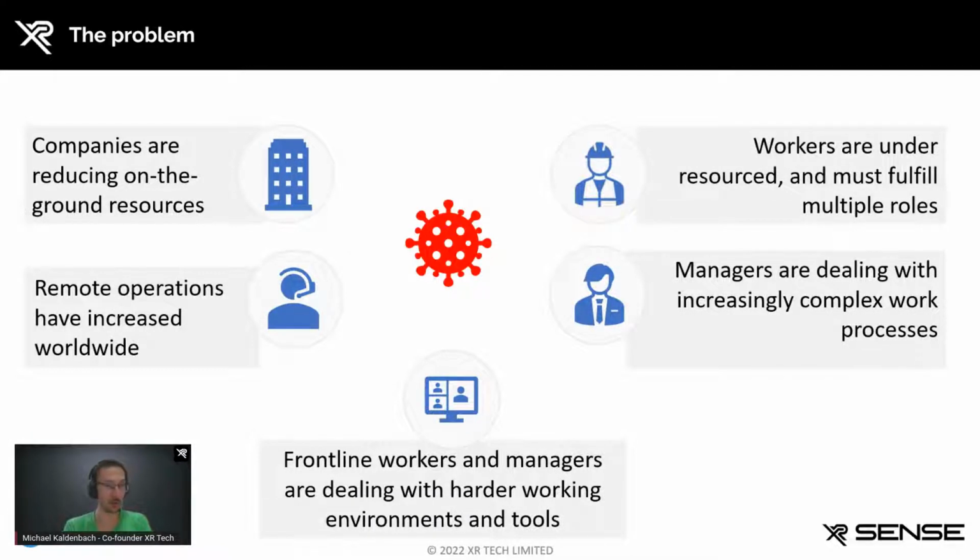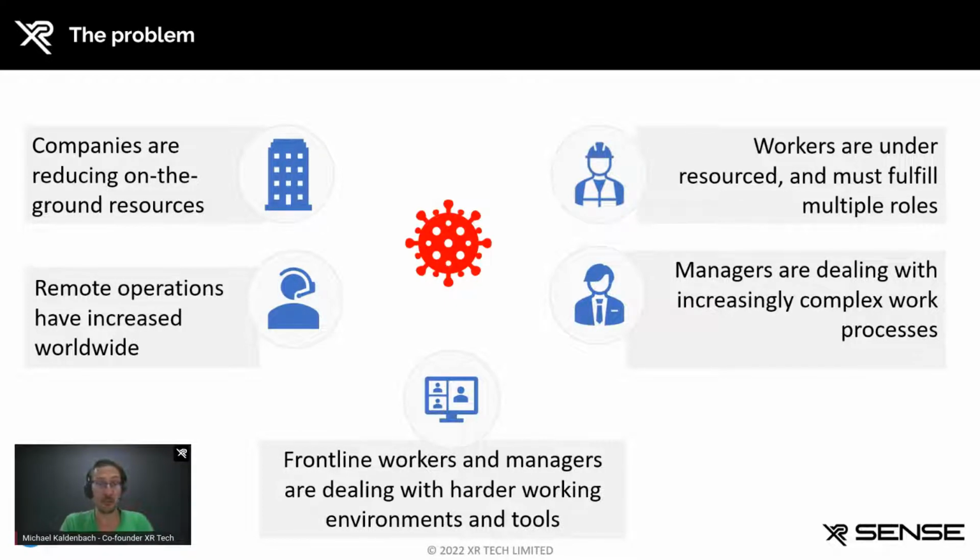It is increasingly important to start with the why. And you see across the industries, obviously I'm a little bit biased towards the energy industry, having a significant background with that, but this is across the industries across the world, where we see that companies are reducing their employee overhead, the boots on the ground, so to speak.